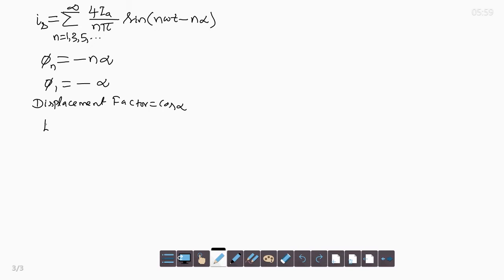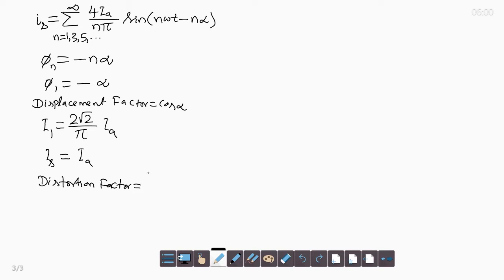Now I1, the RMS value of the fundamental component, is root 2 into root 2 by pi whole into Ia, because n is 1, and the RMS value of the supply current Is is Ia. So what is the distortion factor?